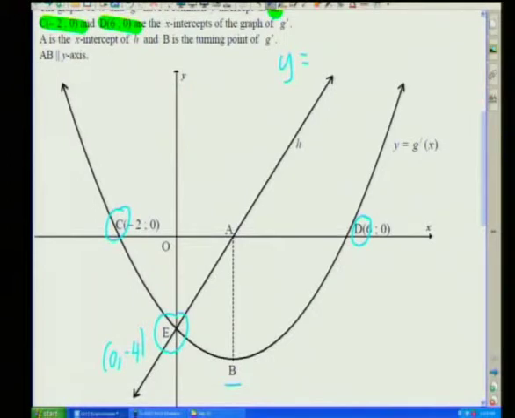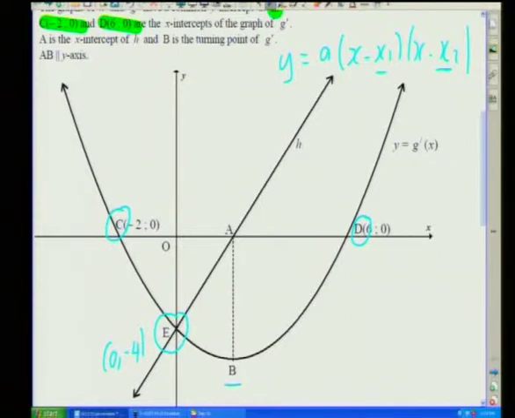y is equal to a times (x minus x1) times (x minus x2). All right, guys, and remember the x1 and the x2 here, those are your x-intercepts. When you find the equation of the parabola, you need to have your x-intercepts if you're going to use this formula. You'll also need another point on the graph, which we have.